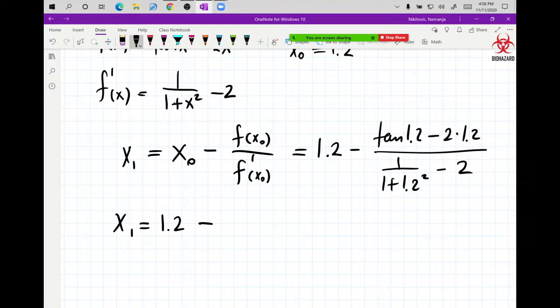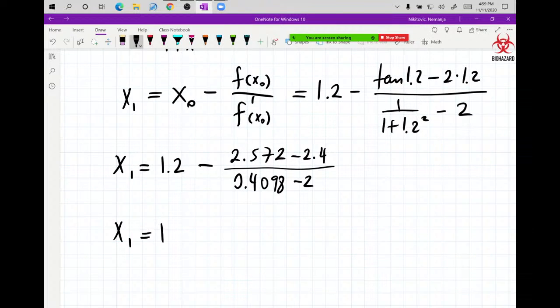So you have your tangent of 1.2, and that gives you 2.572, let's say, and then minus 2.4 when you multiply that, divided by, now on the bottom, I have 1 divided by, open parenthesis, 1 plus 1.2 squared. That's going to give me 0.4098, and I'm supposed to subtract 2.